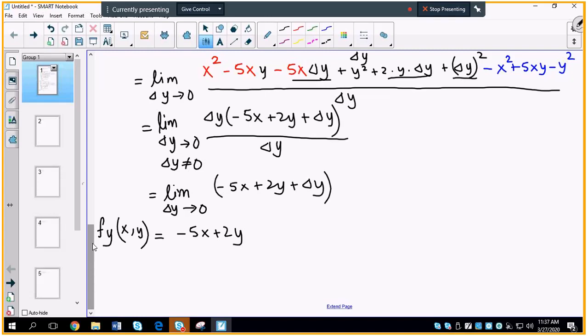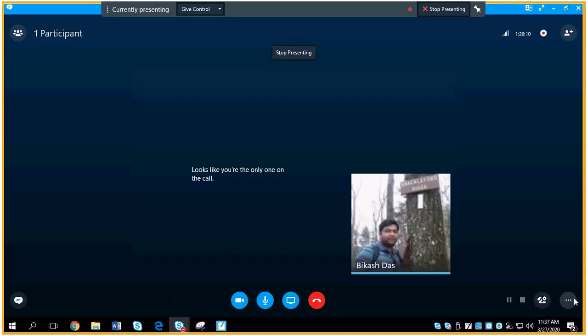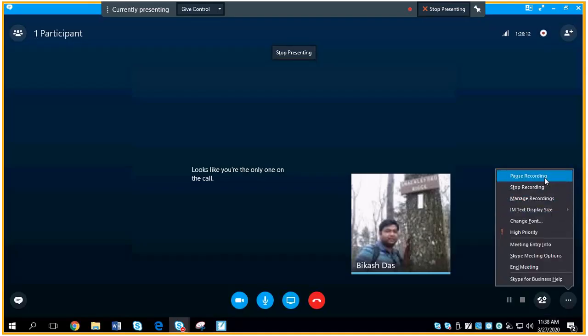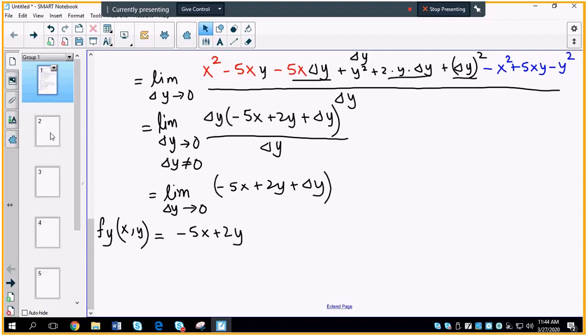So the next topic that we're going to talk about is general rules for finding partial derivatives, and we will see how similar it is to find the partial derivatives as we have already done in Calculus 1. Okay, so let's start talking about these general rules.